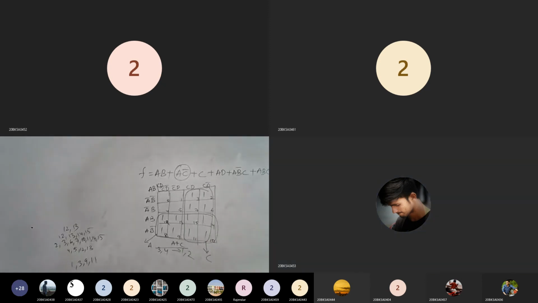Now take down this second problem and try to solve it. A, B bar, C plus B plus B, D bar plus A, B, D bar plus A bar, C. Shall I repeat the question?